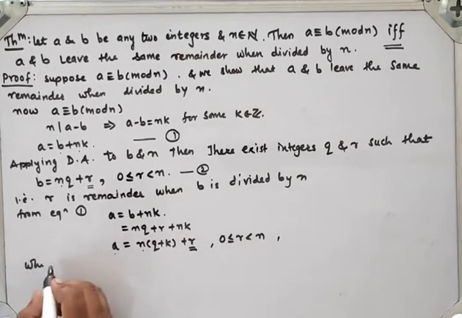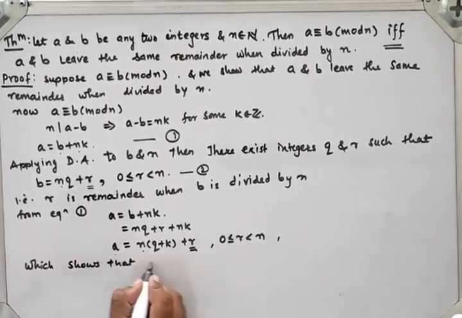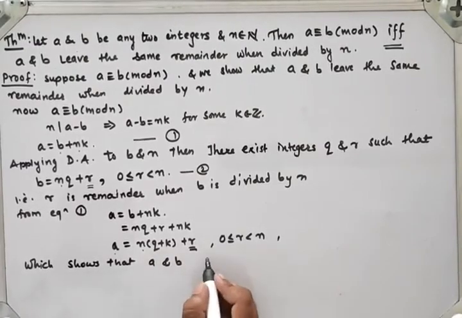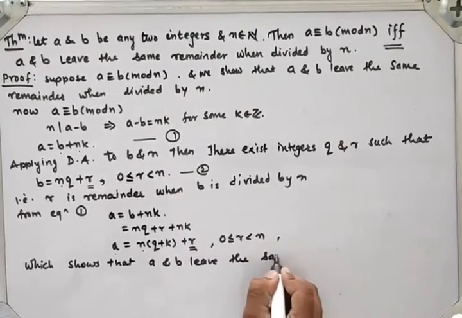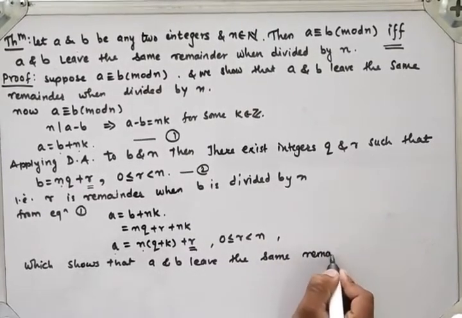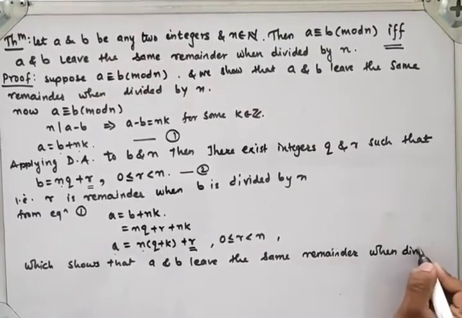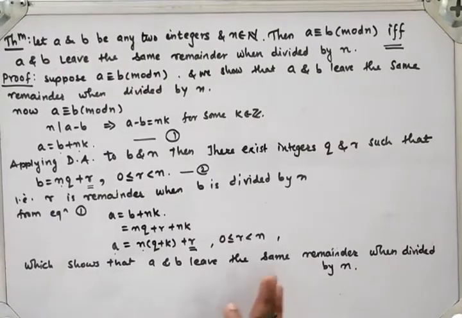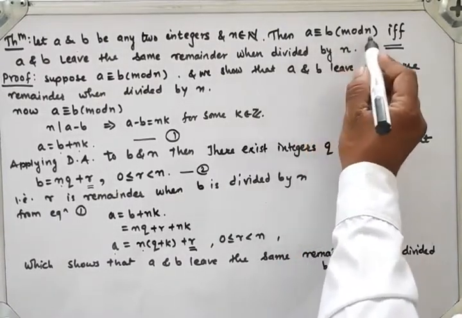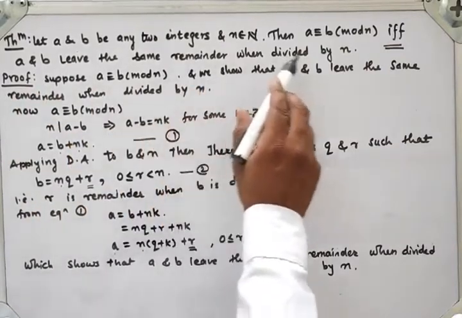So this shows that a and b leave the same remainder when divided by n. This proves the first part: if a is congruent to b mod n, then a and b leave the same remainder when divided by n.